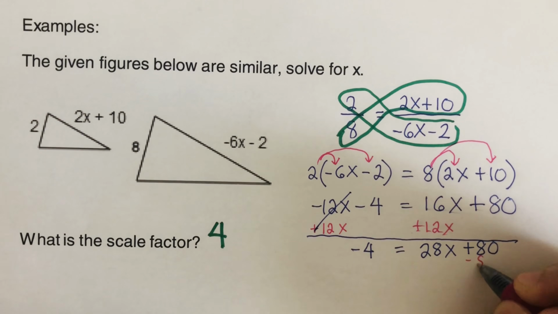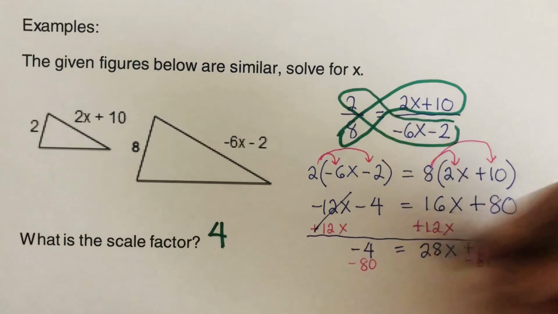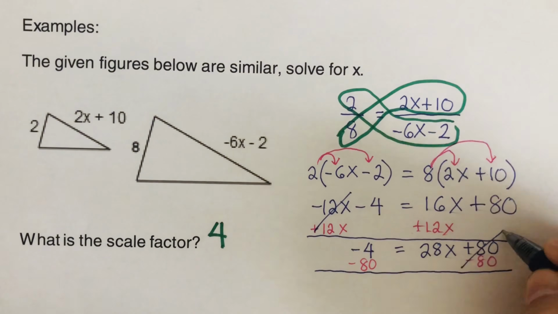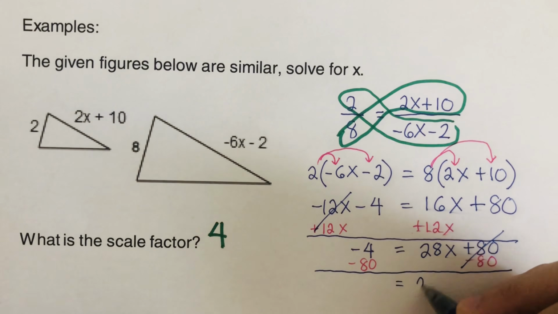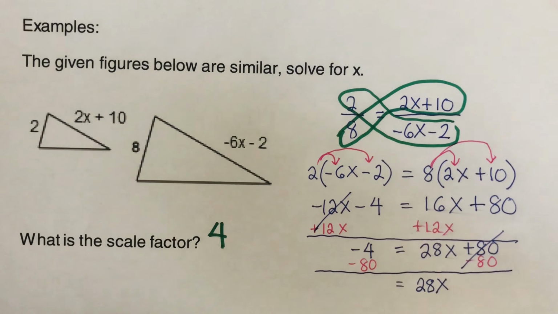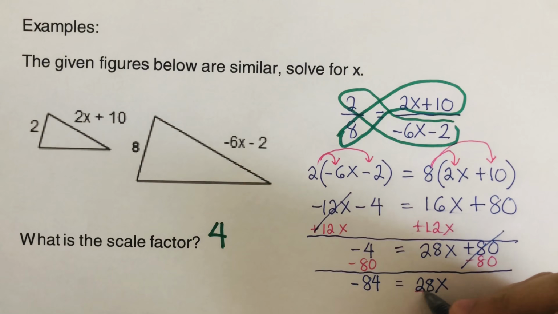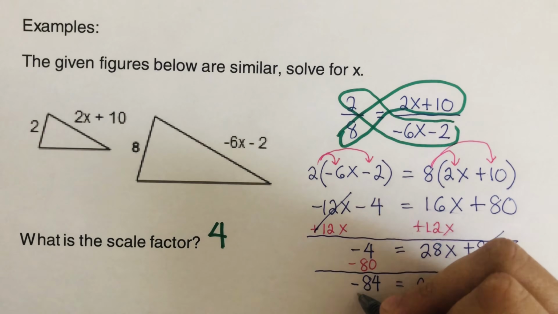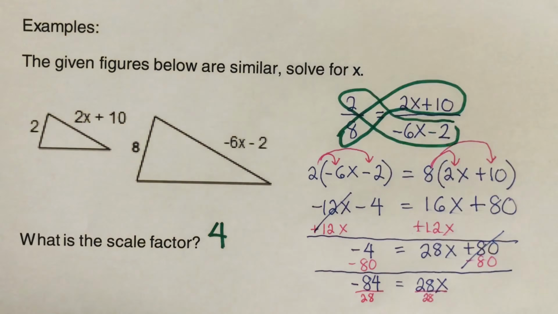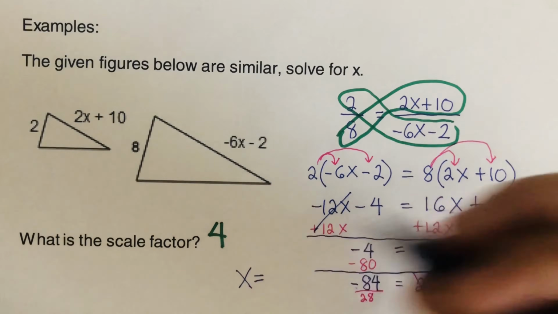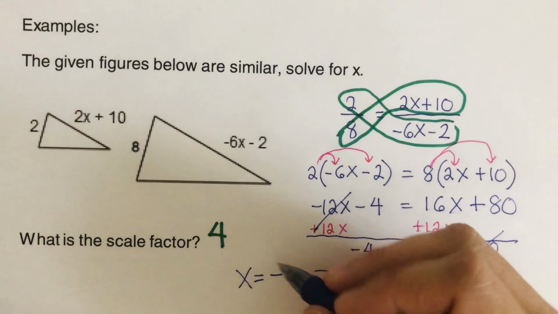So I get 28x is equal to negative 84. And so I divide both sides by 28. I am left with x is equal to negative 3.